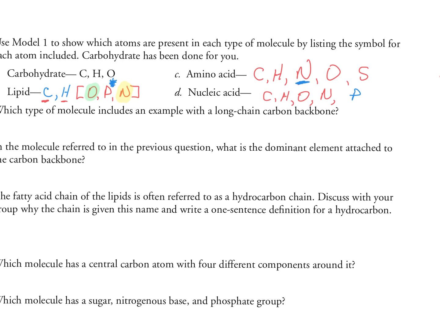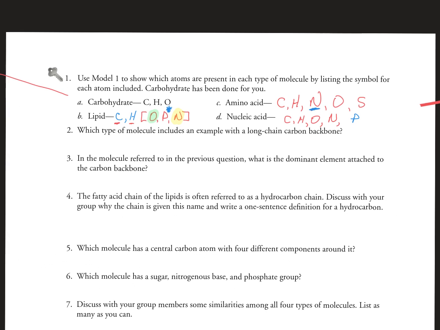So when you see nitrogen, you're going to find nitrogen in places like amino acids, nucleic acids, and even lipids sometimes. But you are definitely going to find phosphorus mainly in nucleic acids. Obviously, phospholipids have phosphorus in them, but you're really going to find a lot of phosphorus in nucleic acids because it's part of the structure of DNA and RNA.